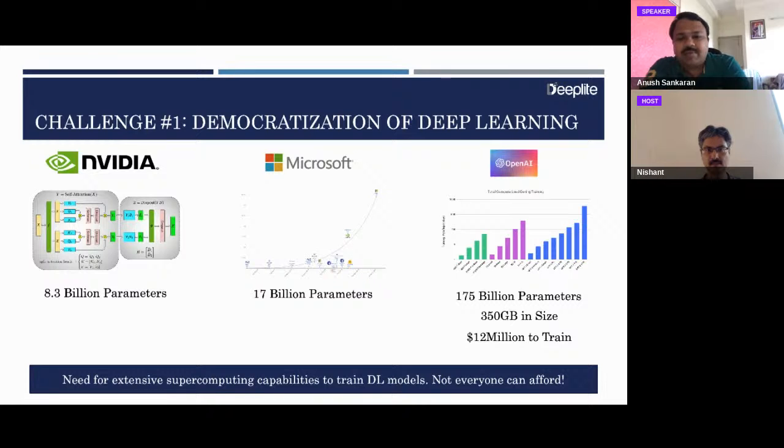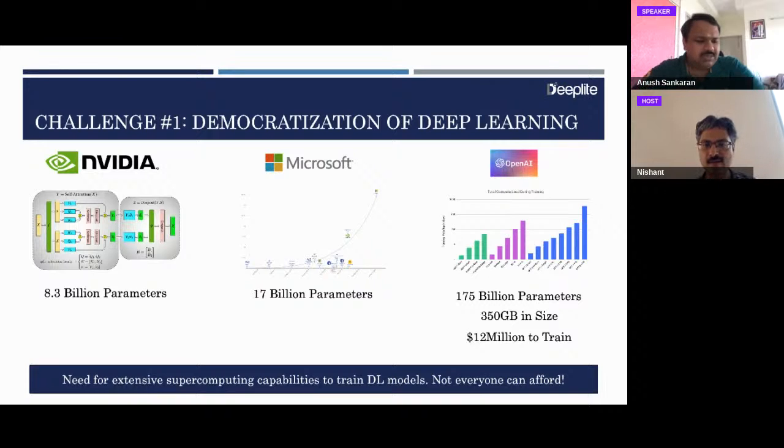Okay, forget about edge devices. Let's take that out of discussion for a minute. Even if you want to train it on a cloud based architecture, not everybody in the world could afford a supercomputer capable of computing a model of size 350 GB with 175 billion parameters, and not many could afford $12 million to train.